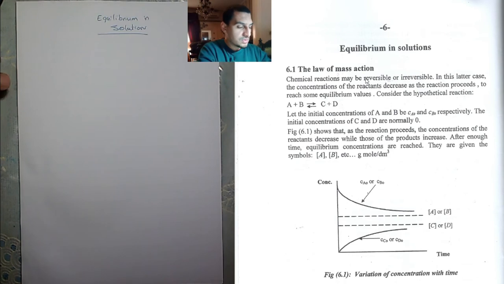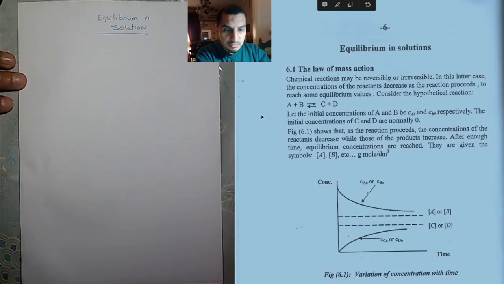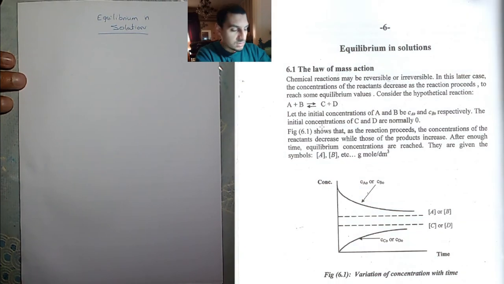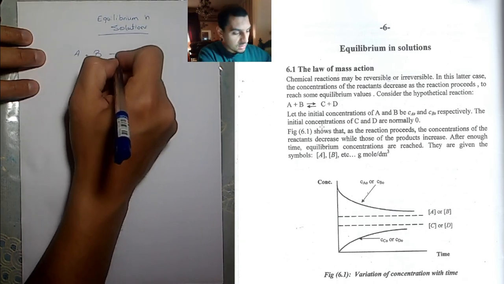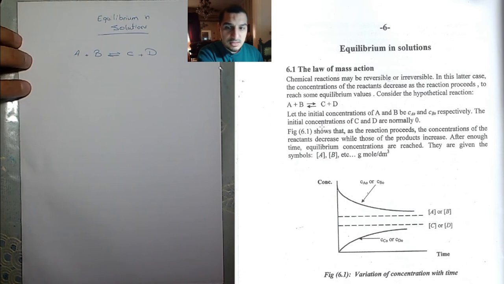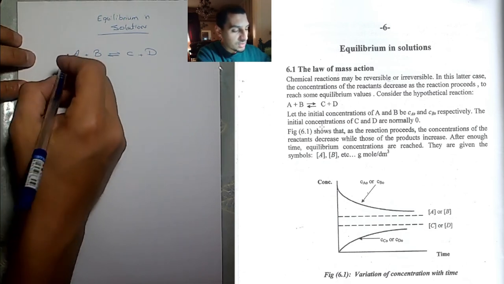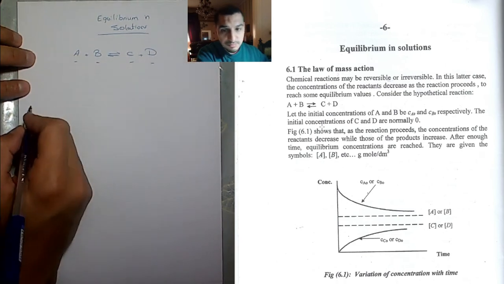To understand what we mean by the law of mass action, let's say we have a reaction like this one, where two reactants A and B go to C and D. We understand that these are the reactants and these are the products.